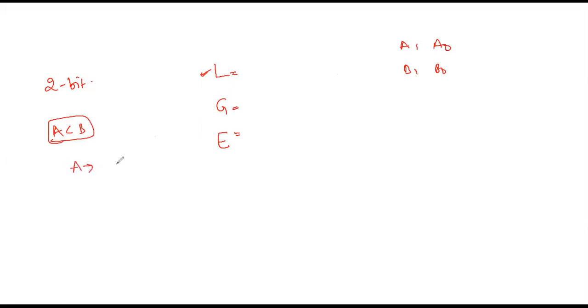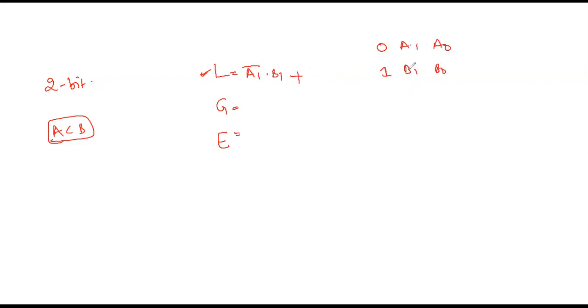When A1 is 0 and B1 is 1, then we will say A is lesser than B. So A1 is 0, 0 means bar, B1 is 1. Okay, this is one combination. And while going to the next combination, keep plus.